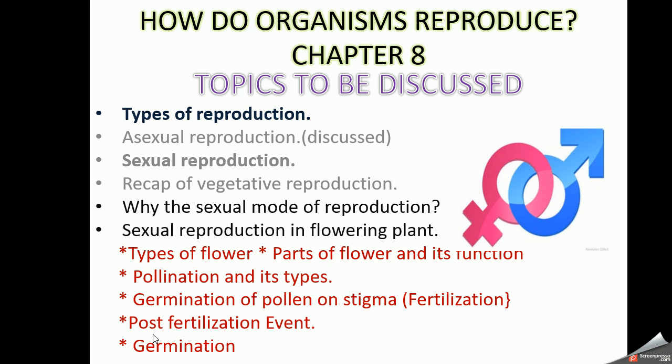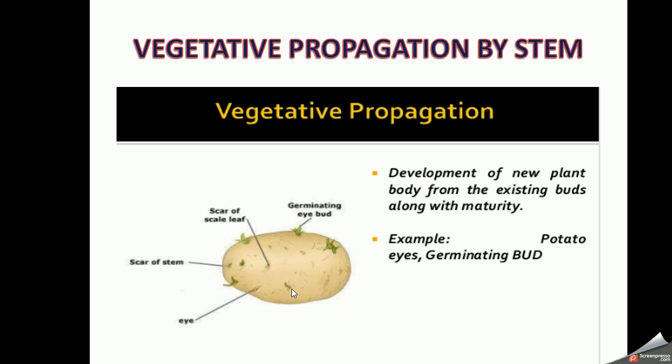Then germination of pollen, how the pollen tube develops inside the flower and releases the male gametes, that is the fertilization process, we are going to study. Then the events that occur after fertilization, known as post-fertilization events, and the last topic is germination. So these topics I am going to cover in this lecture.